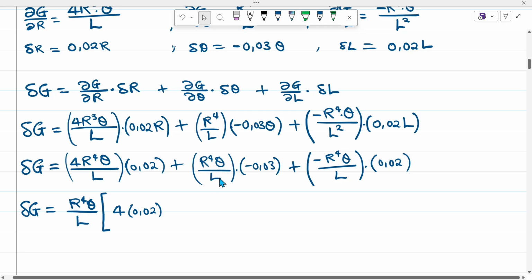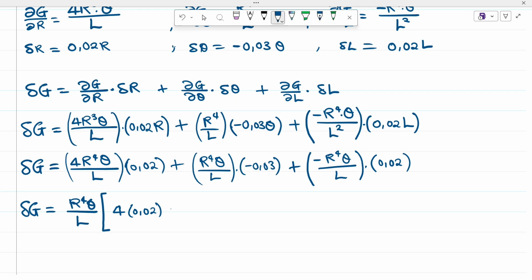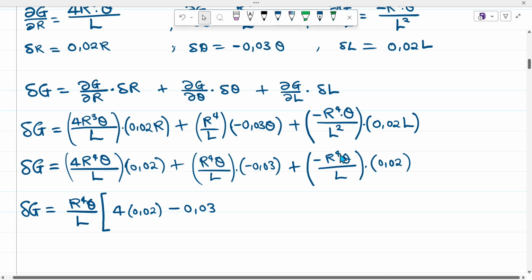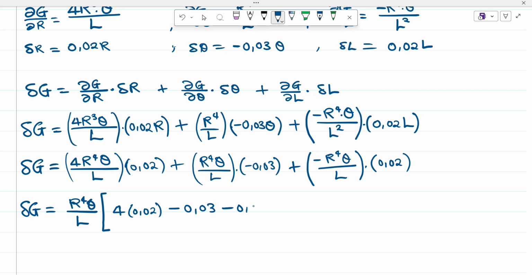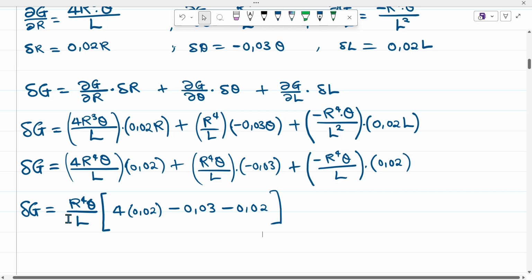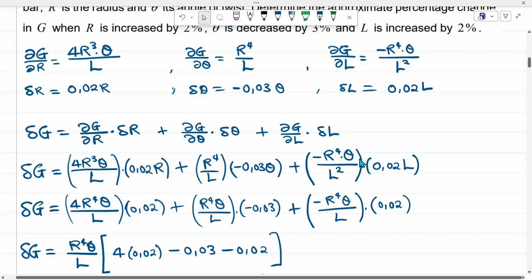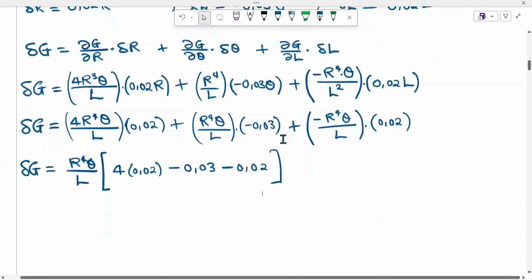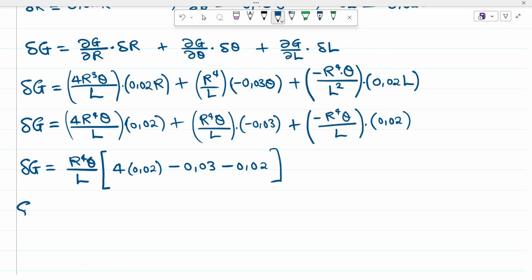And then here, when we take out the common factor, we'll just be left with negative 0.03. And then for this one, we'll be left with negative 0.02, just like that. And then remember, guys, that R to the power 4 multiplied by theta divided by L is equivalent to what? To G. So we're just going to substitute there and then say the percentage change in G is this is G, right?